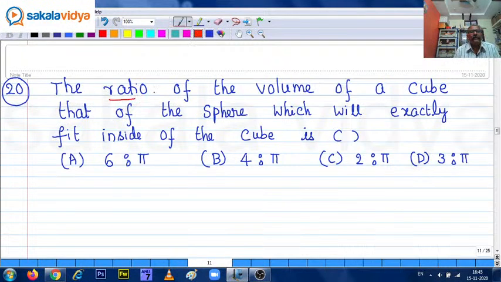See, the ratio of the volume of a cube to that of the sphere which will exactly fit, or be inscribed, inside of the cube.